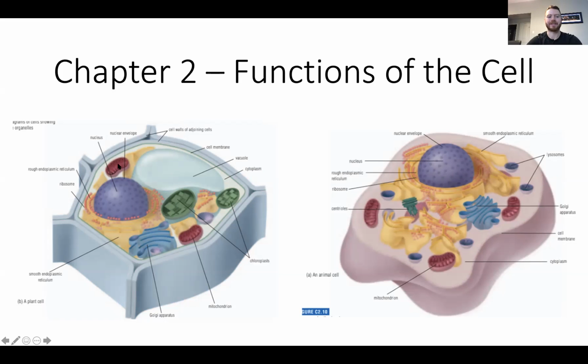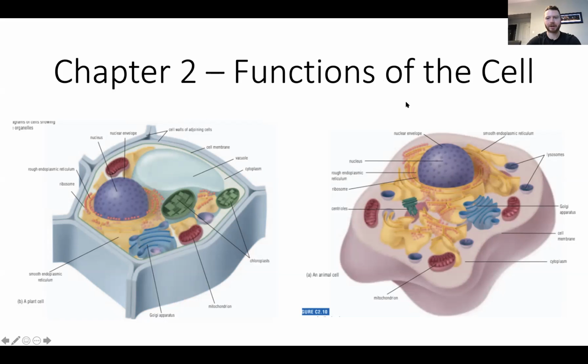The mitochondria is the powerhouse of the cell. This is the organelle that converts the food energy that animals eat into ATP, which is the usable energy for that cell.